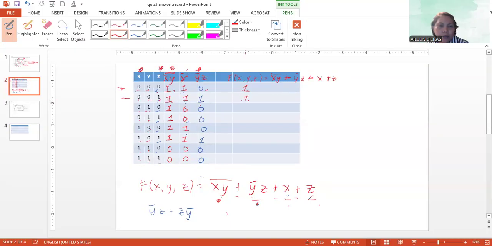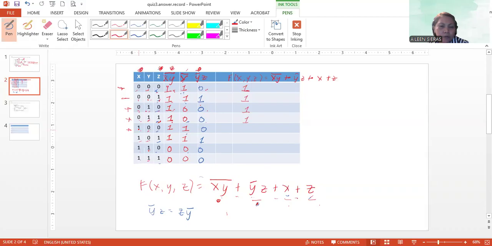So 1. Next row, we have here 0, 0, x, y bar is 1, y bar z is 0. So there is a 1, so 1. Fourth row, 0, 1, or 1, or 0. 1. Okay, there is a 1.